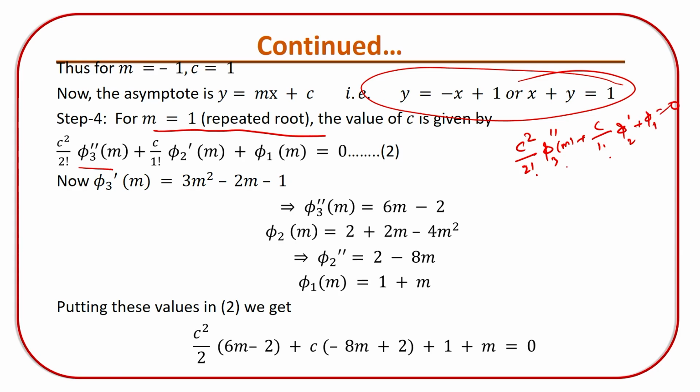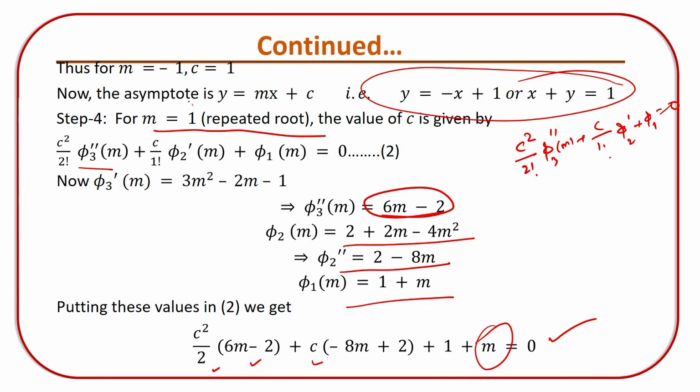Now phi 3 double dash becomes 6m minus 2, phi 2 double dash can be obtained as 2 minus 8m, and phi 1 m is given as 1 plus m. Now put all those in: c square by 2 into 6m minus 2, plus c into minus 8m plus 2, plus 1 plus m equal to 0.